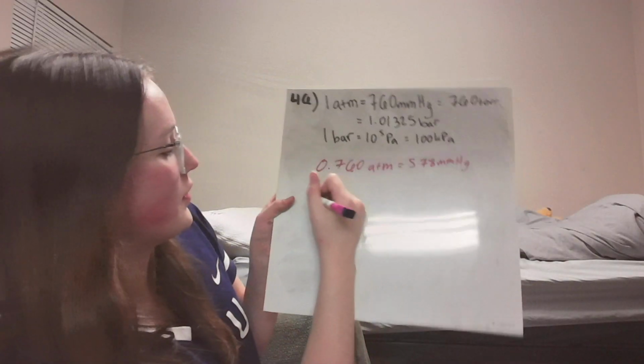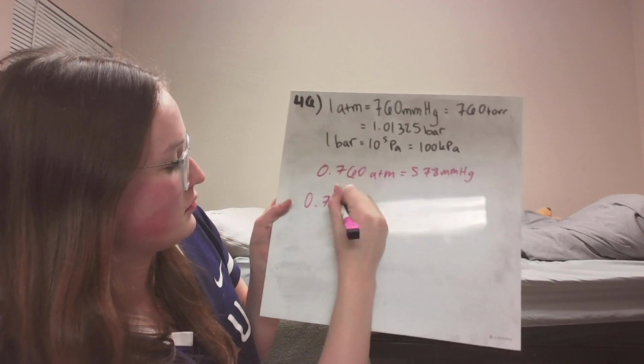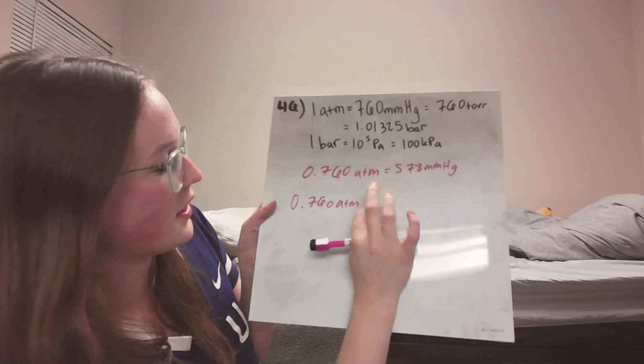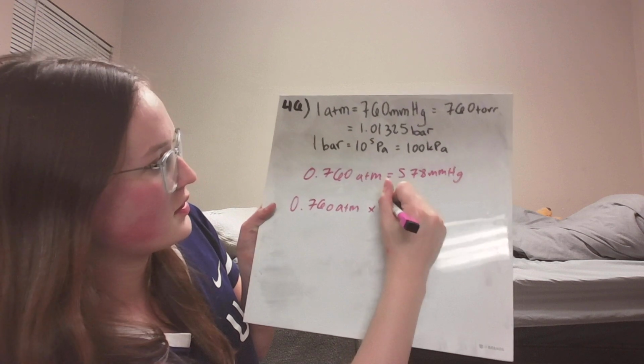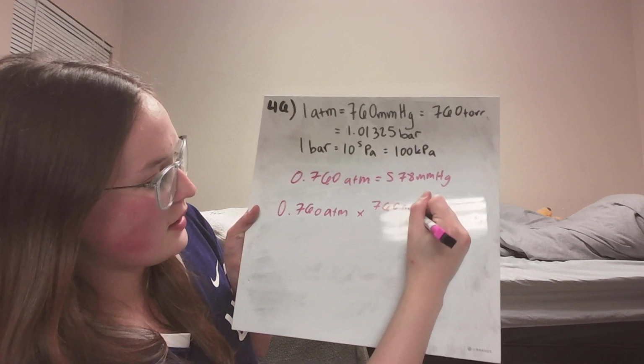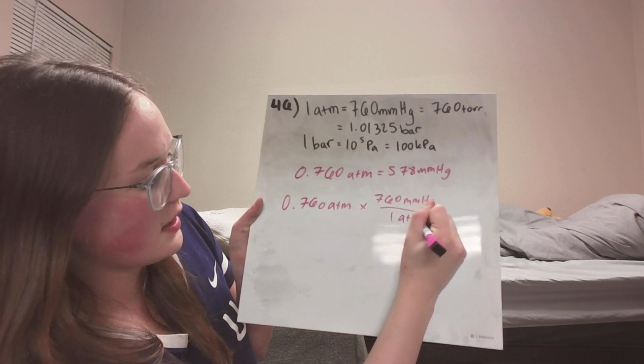Okay. So we're going to do 0.760 ATM times 760 mmHg over 1 ATM. Let's see what that's equal to.